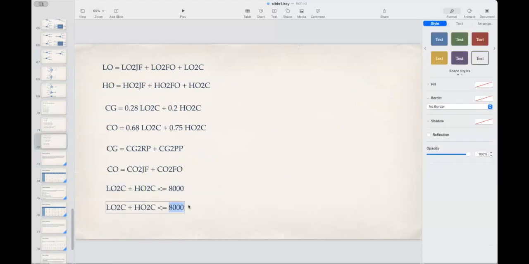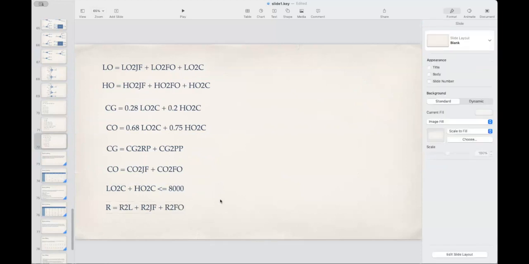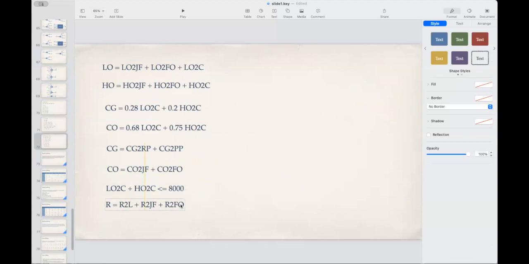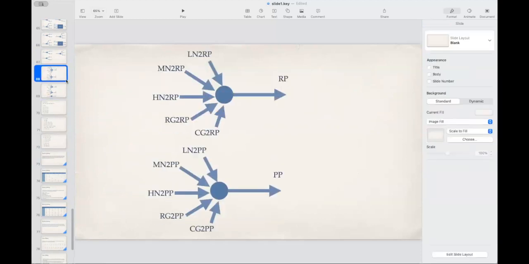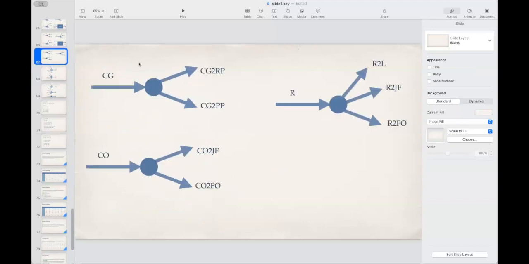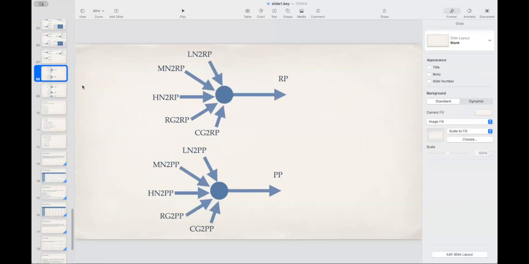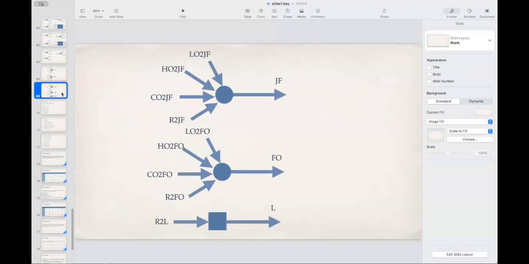R must be R to lube, and R to JF, R to FO. Yes, we deal with this already. And the next one, the product.